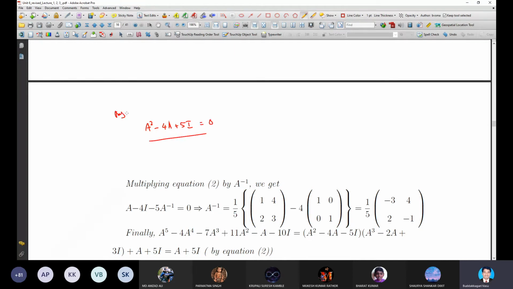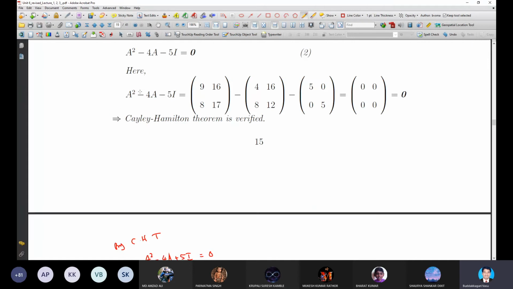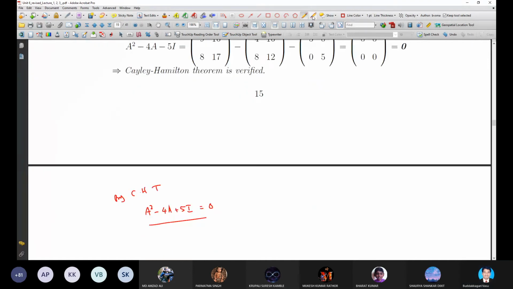By the Cayley-Hamilton theorem, we drew this. Now from this, we can find out the inverse.